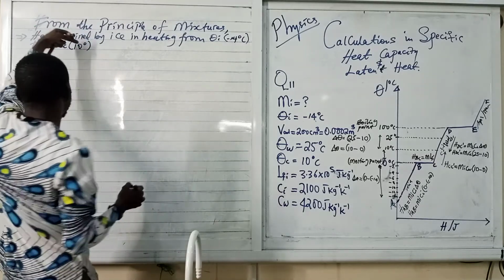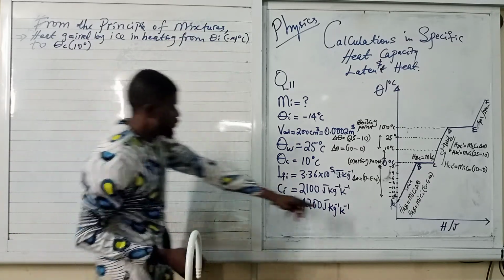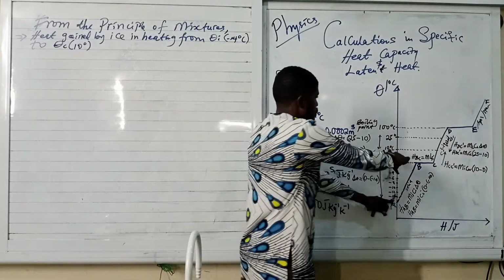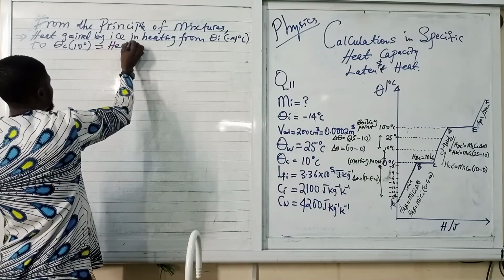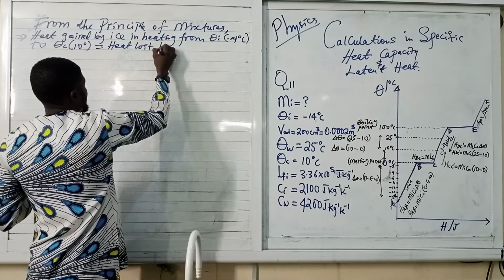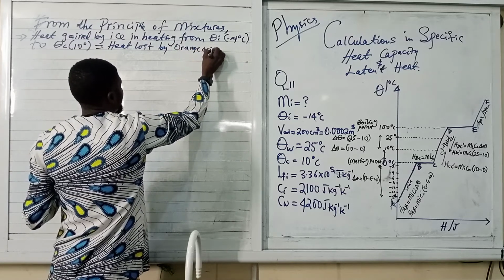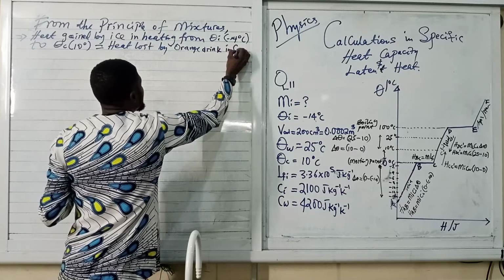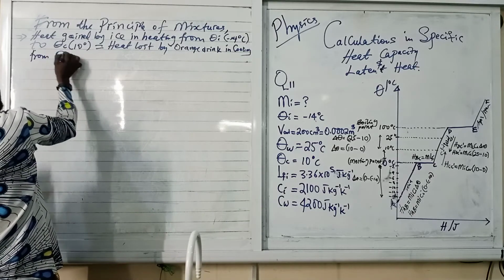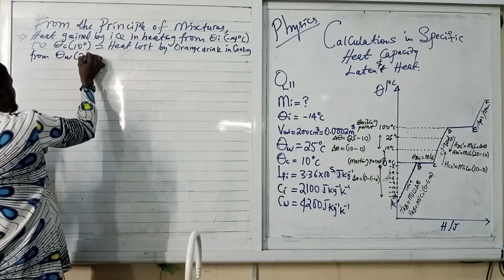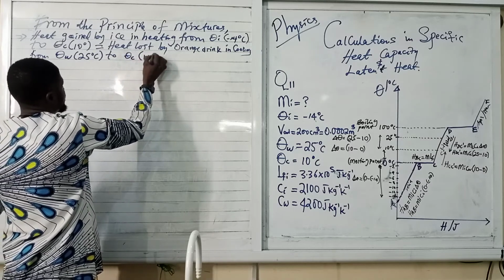Heat gained by ice in heating from minus 14 degrees Celsius to 10 degrees Celsius is equal to heat lost by orange drink in cooling from theta 1, that is 25 degrees Celsius, to theta cold, that is 10 degrees Celsius.